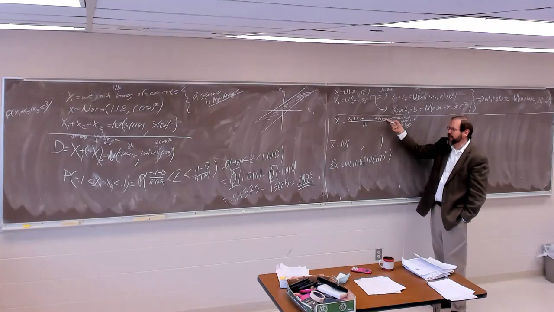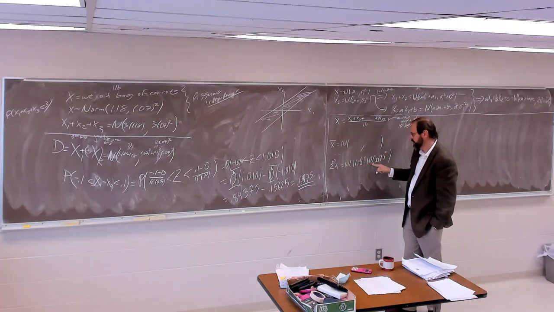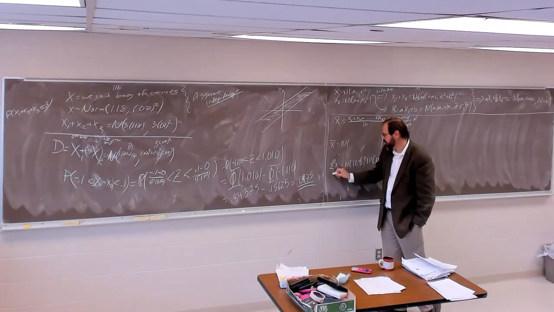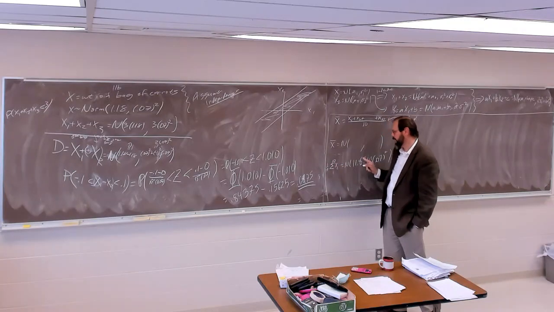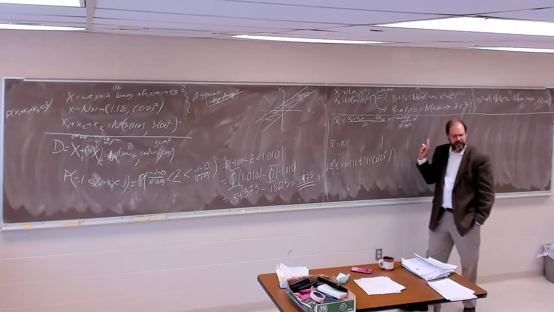But now what am I going to do? I'm not going to use this random variable. I'm going to take this random variable and put a 1/10 out in front of it. What's that going to do to my random variable?